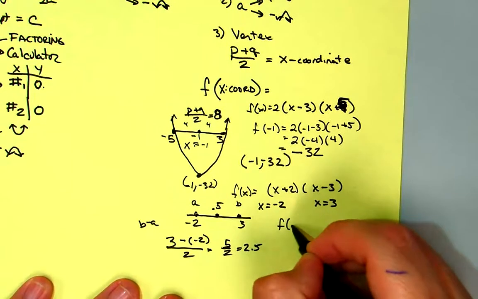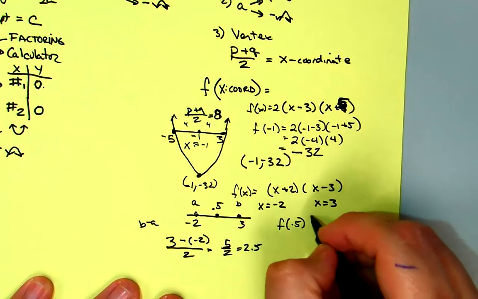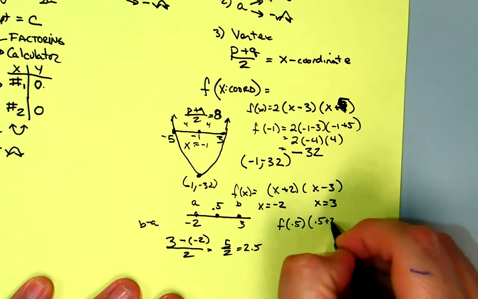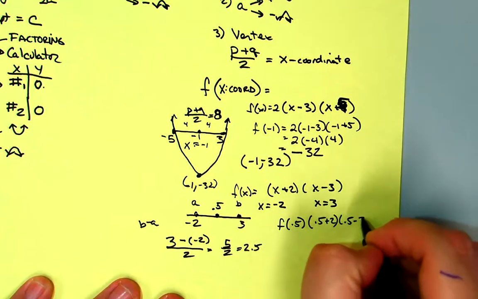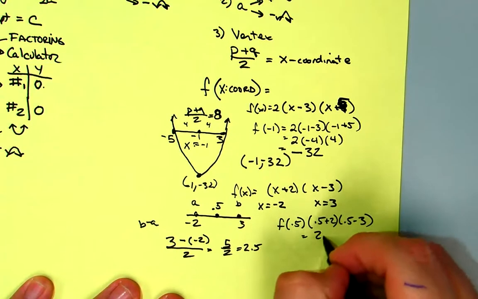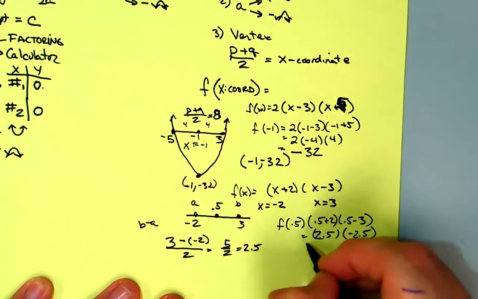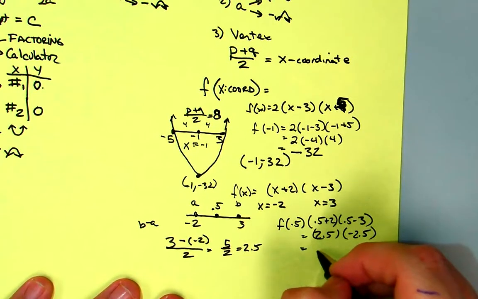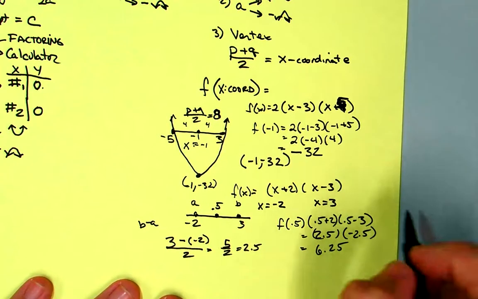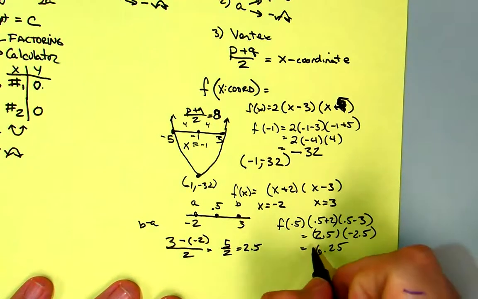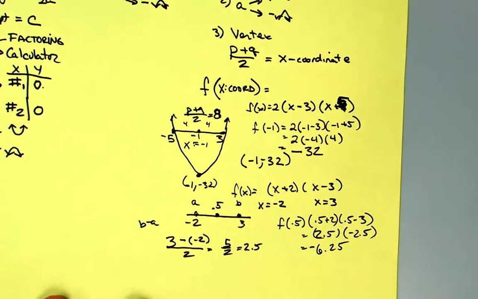So now I just do f of 0.5 is equal to 0.5 plus 2 times 0.5 minus 3. So I get 2.5 times negative 2.5, which is negative 6.25, so that'll get you your value as well.